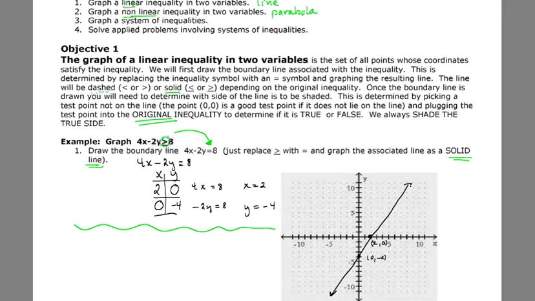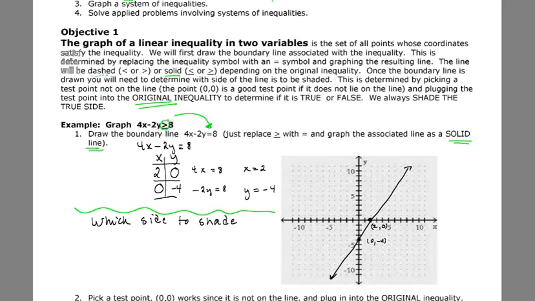Now, before this section we were done, but since this one has an inequality, we have one extra step, which is to determine which side to shade. Well, right here, we're going to pick the test point (0, 0), because (0, 0) does not lie on the line.